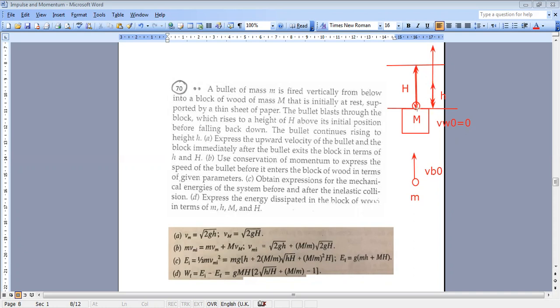So after the collision, I can apply conservation of mechanical energy for the bullet and for the box, each one on its own. First, for the bullet, after the collision. We get the velocity of the bullet, call it v bullet prime, just after the collision.